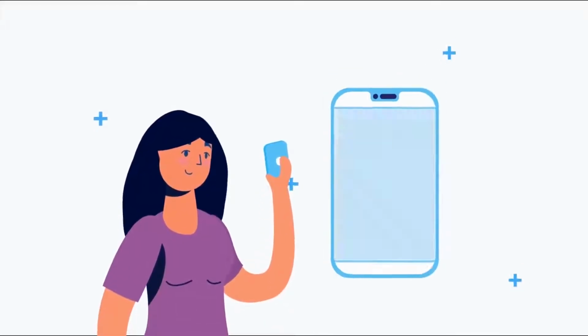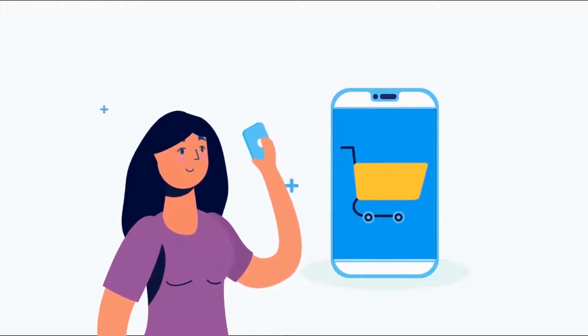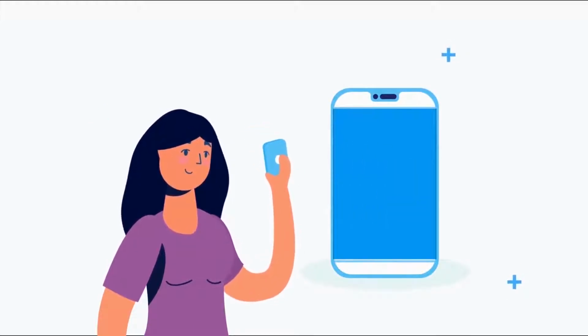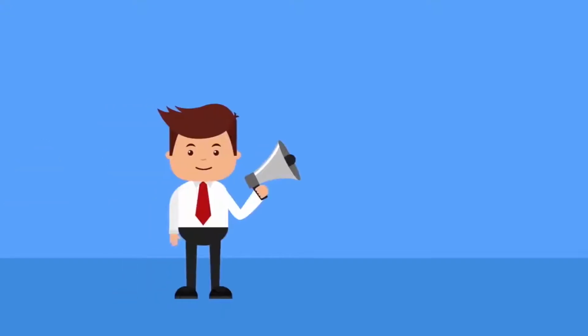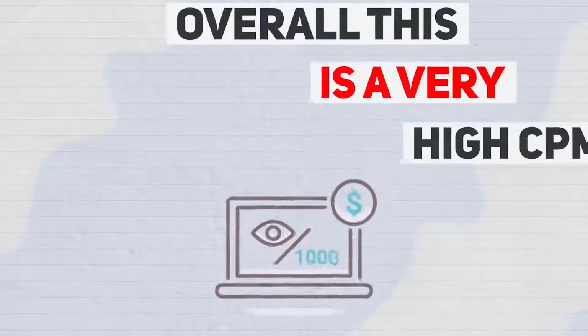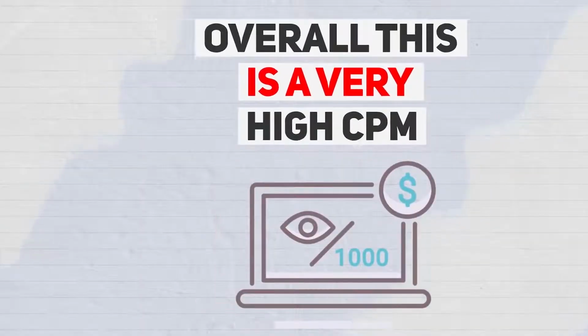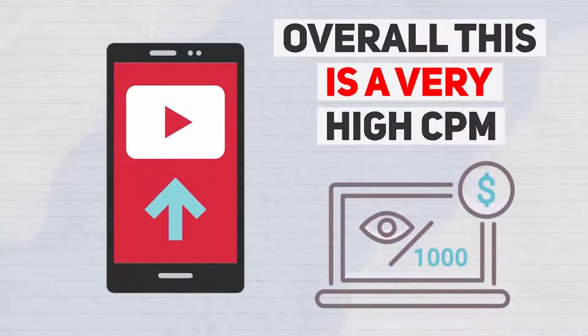Because rich people are watching, they're more likely to buy products that are advertised, and it's also being advertised against people who are more likely to buy things that can help them get wealthy. So overall, this is a very high CPM niche that you should consider to start re-uploading videos in.